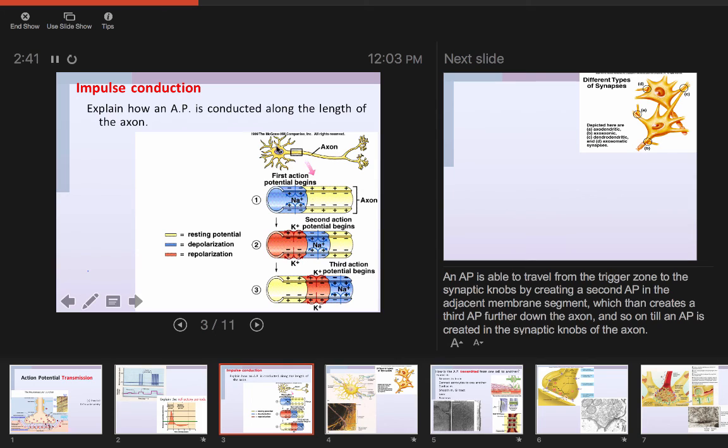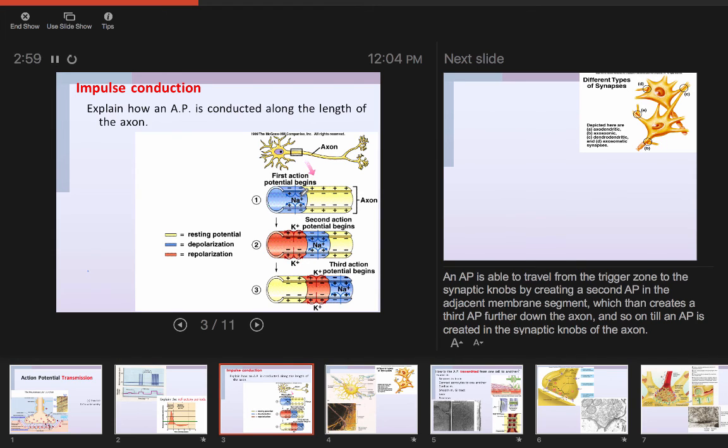Again, the action potential is able to travel from the trigger zone all the way down to the synaptic knobs. It's important that you understand that an action potential doesn't travel anywhere, but one action potential creates a second one in the adjacent piece of the axon.